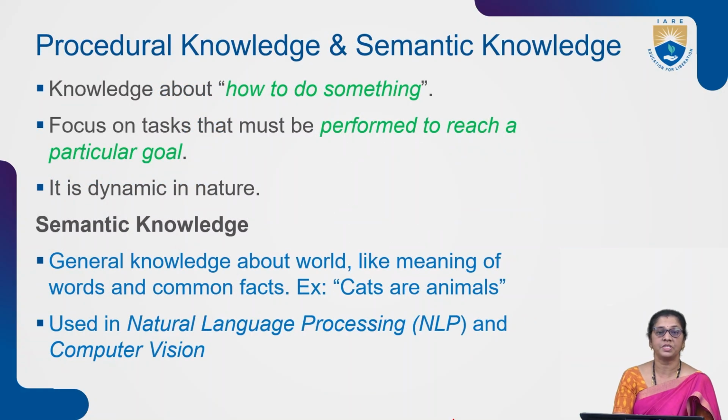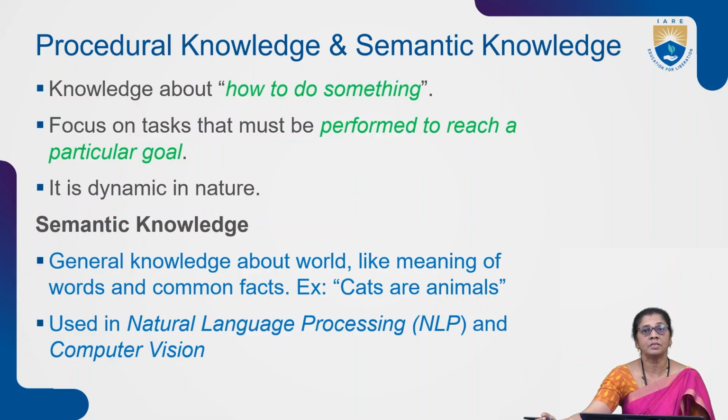Next comes procedural knowledge. Here procedural knowledge is mainly about executions or a sequence of actions. It is like how to do rather than what. In declarative knowledge, we get the answers for all the what questions or what happened questions. But in procedural knowledge, we will be seeing how things are being done.